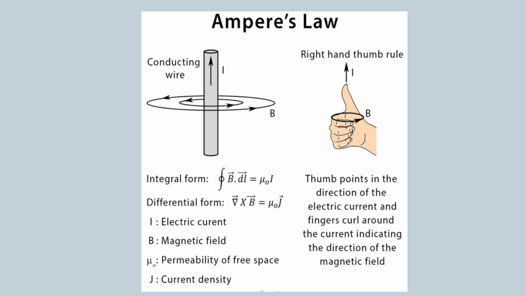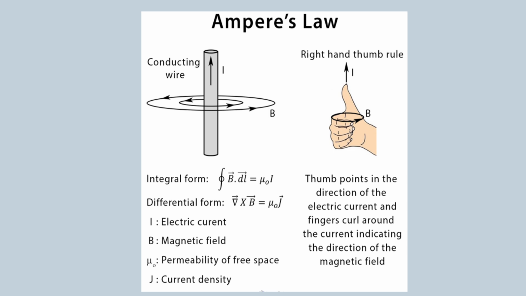The integral form is generally used to determine the magnetic field, and the magnetic field derived from the Biot-Savart law will yield the same results. Both forms: integral form, integral B dot dl equal to mu naught into I, and differential form, del cross B equal to mu naught into J.